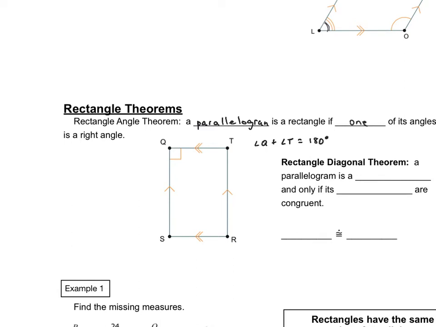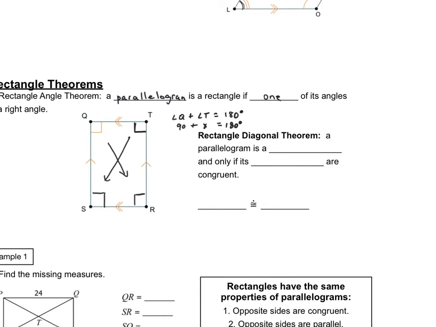So if angle Q is 90 degrees, then angle T should also be 90 degrees. If one angle is a 90-degree angle, then all of the angles are going to be 90-degree angles, because we know that the opposite angles of a parallelogram are congruent. So if we have one 90-degree angle, all four angles are 90-degree angles.